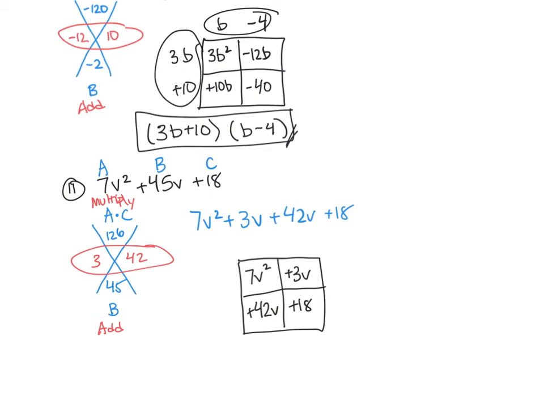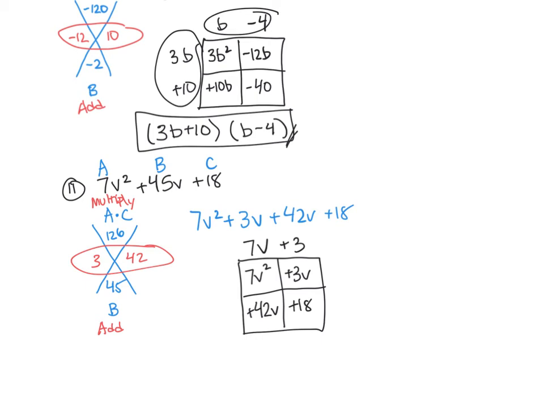So let's see from here, if we go up and down, 3v and 18 have a positive 3 in common. Notice how I'm not just writing 3, the plus 3 is important. Then we'll see 7v squared and 42v. We can pull out a positive 7, we can pull out a v. So we'll have a 7v right here.